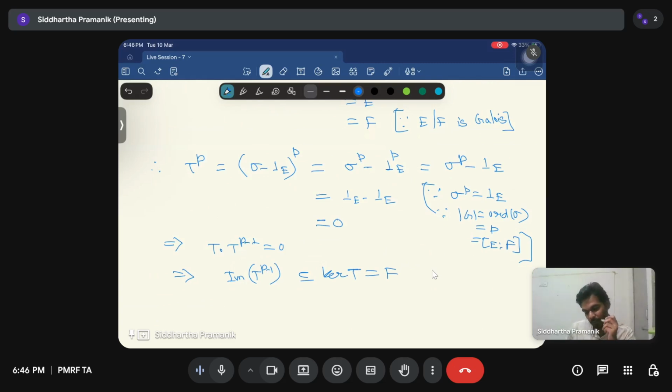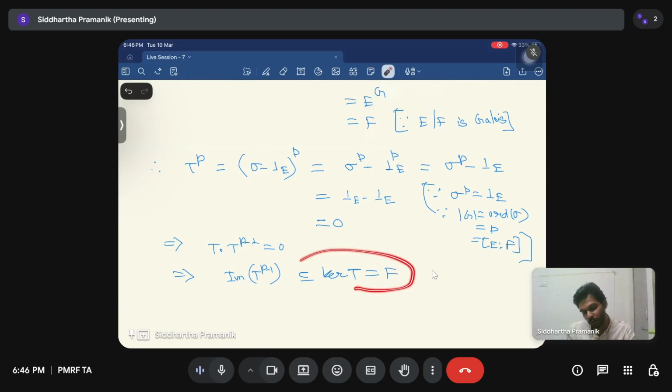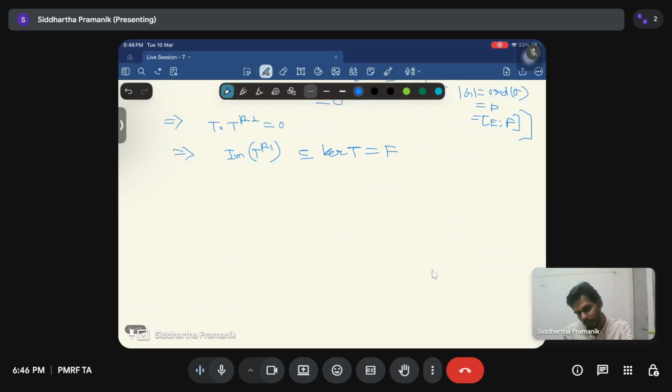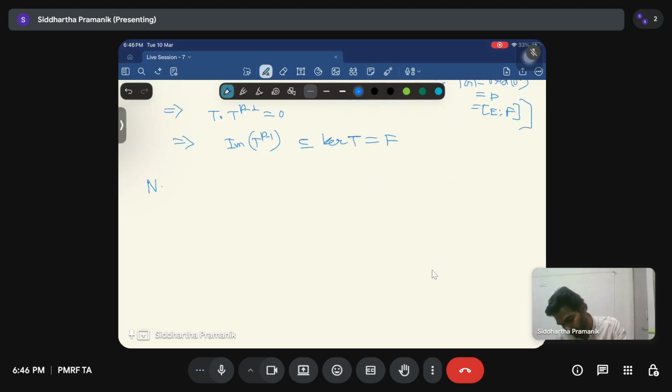Now my claim is this image is exactly equal to F. So note that the image of T power P minus 1 is either 0 or F. Why?